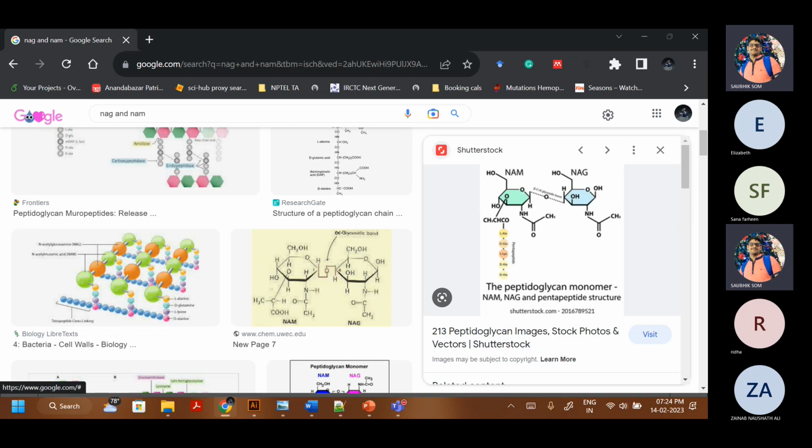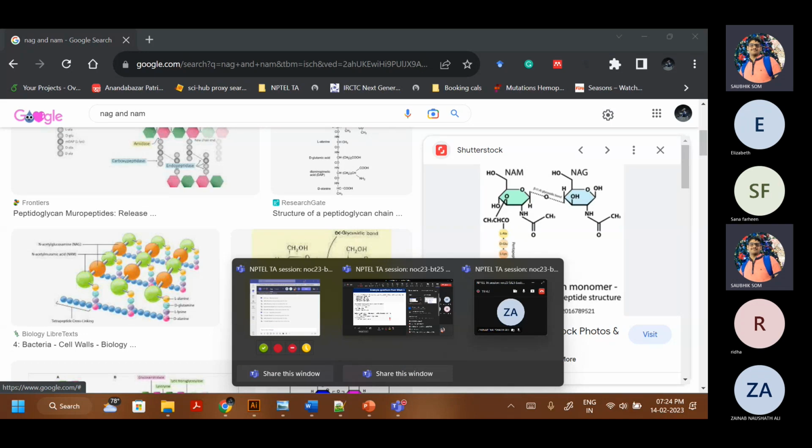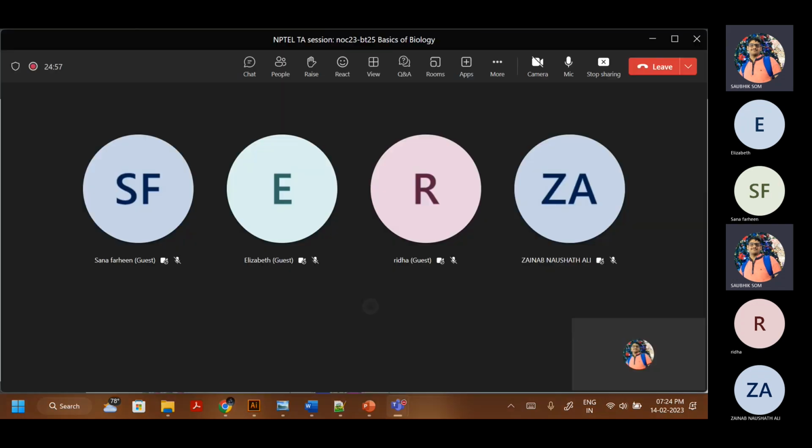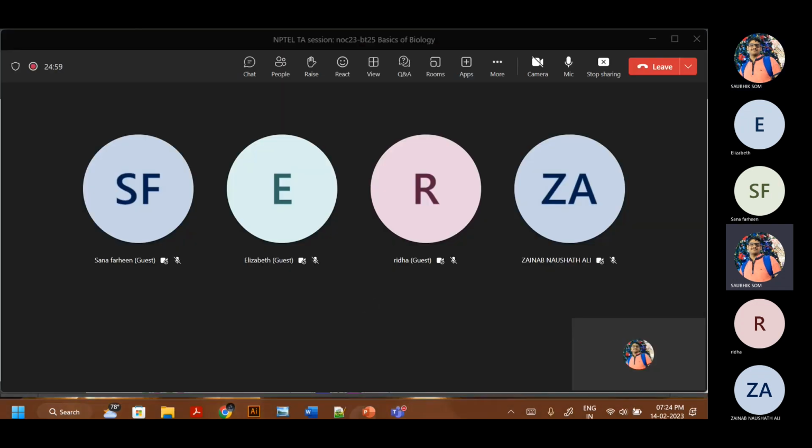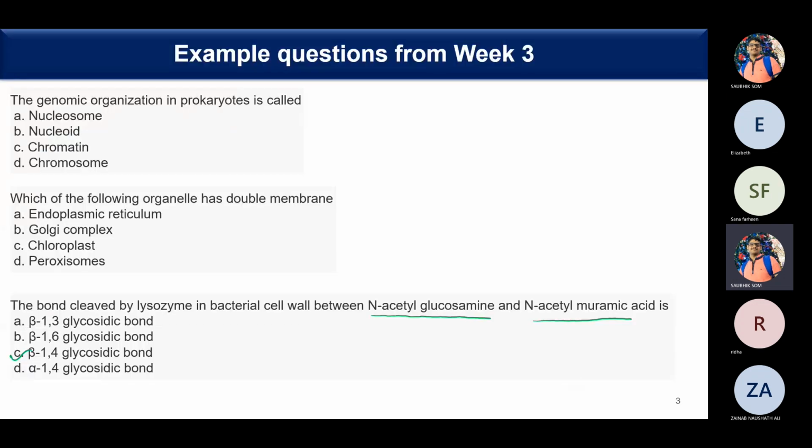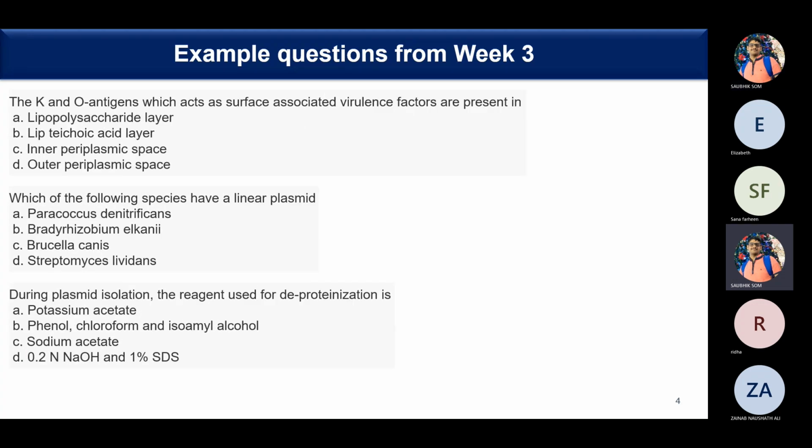Between two glucose molecules, the bond is known as the glycosidic bond. In the next session, mostly these things will be covered. So the correct answer is beta 1,4 glycosidic.